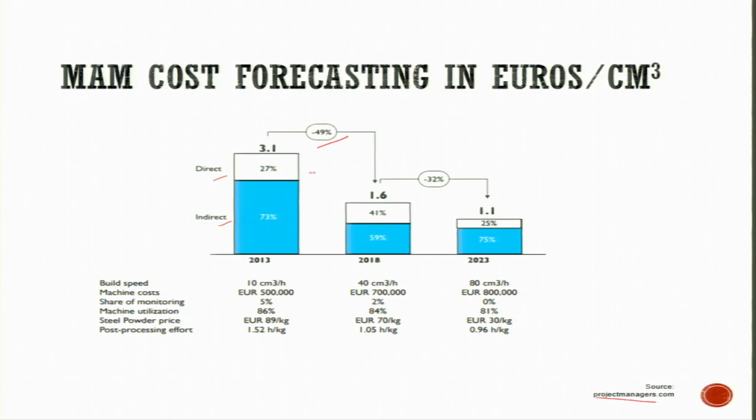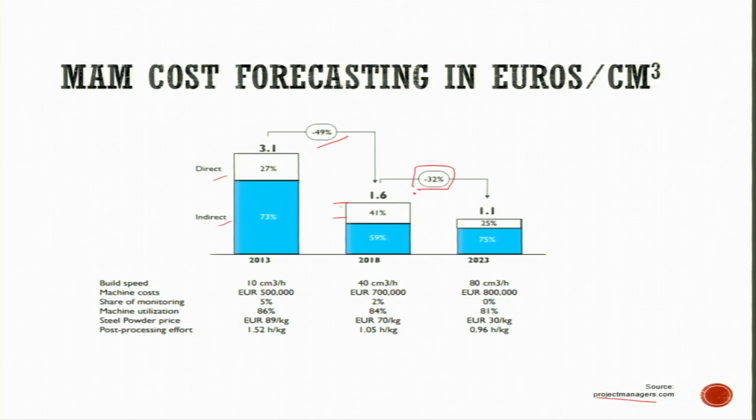So, majorly indirect costs are reduced, the direct costs are though going higher. In this case you can see 41% in 2018 is the direct cost, in 2030 it was only 27%, but from 3.1 to 1.6 then to 1.1.